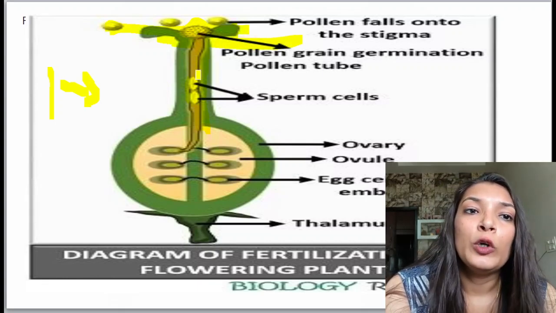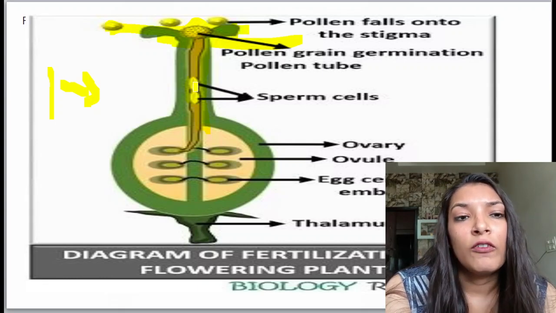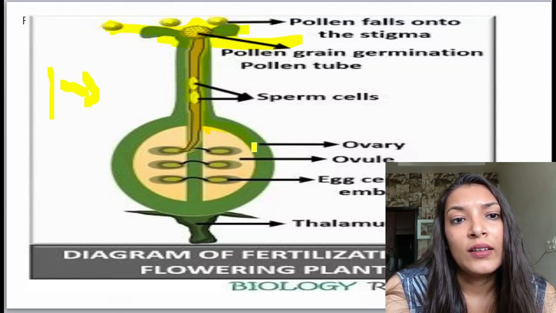From the pollen tube, 2 gametes travel, and in this way they enter the ovary. Inside the ovary is your egg, the female gamete.